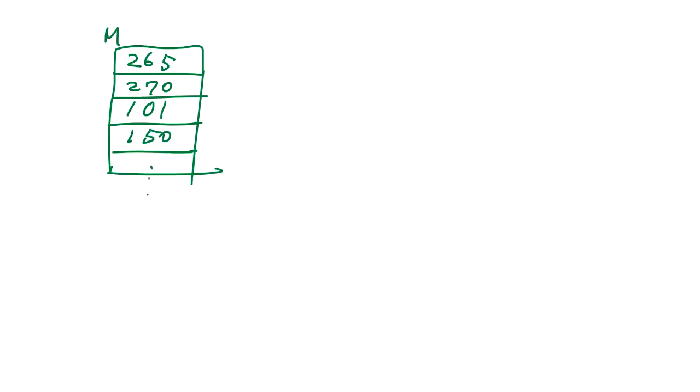Now you try to sort this out. What you do is, in order, you check each one, and if you find a smaller number than any of these, then you move it up.